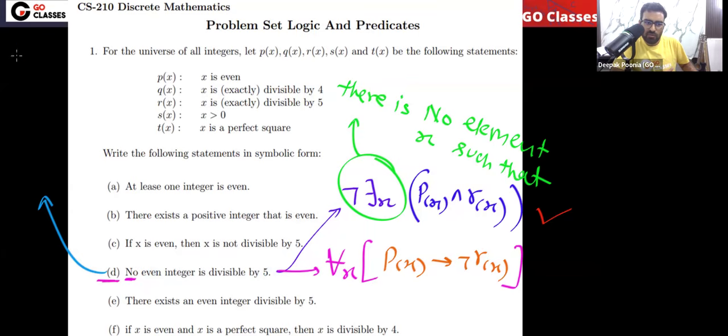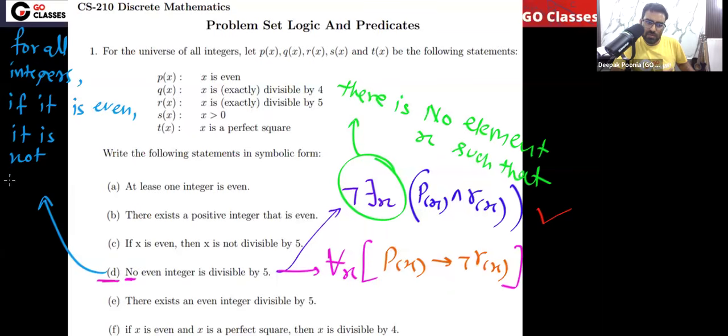No even integer is divisible by 5. It means that for all integers, we are saying that if it is even, it is not divisible by 5. So this is what we have written here: for every element in the domain we are speaking about, we are making a claim.